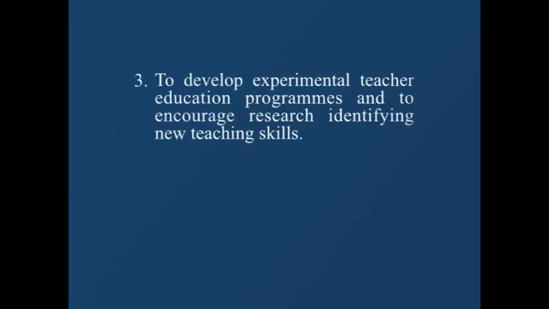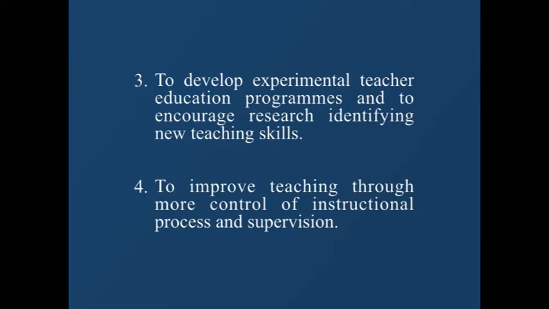Number 3, to develop experimental teacher education programs and to encourage research identifying new teaching skills. And lastly, number 4, to improve teaching through more control of the instructional process and supervision.